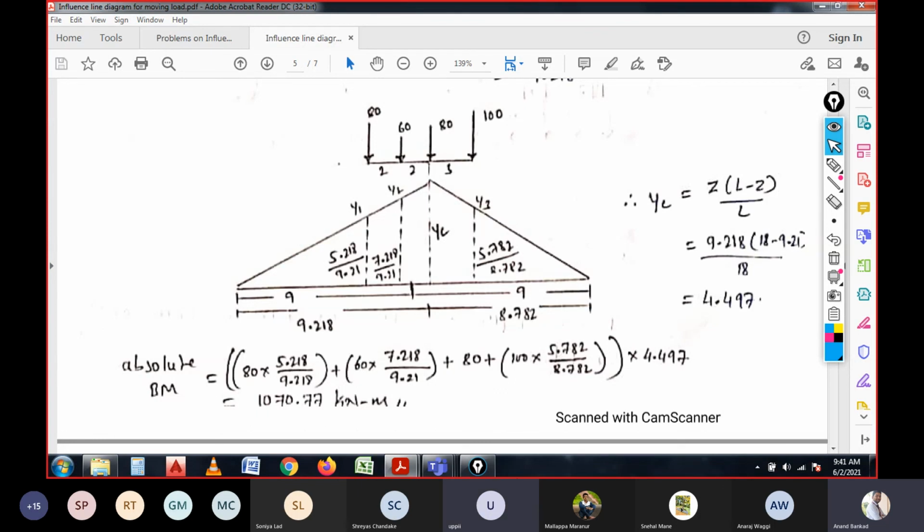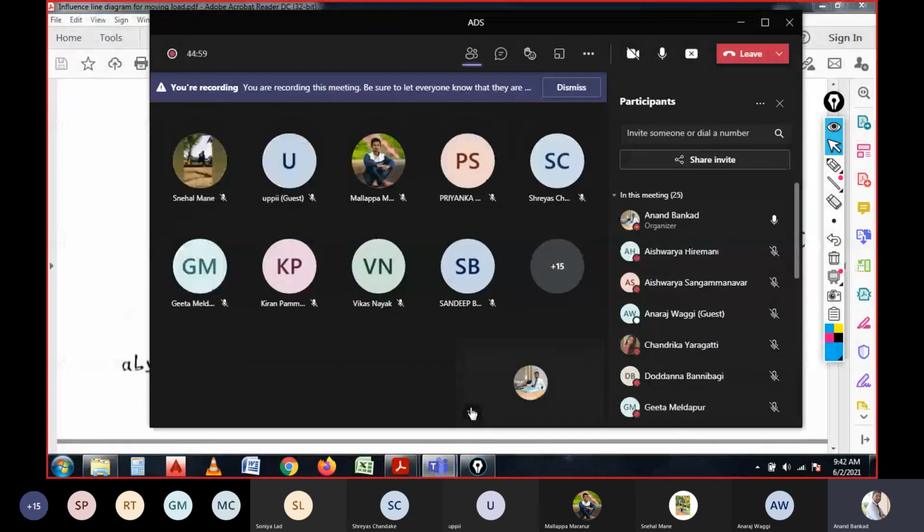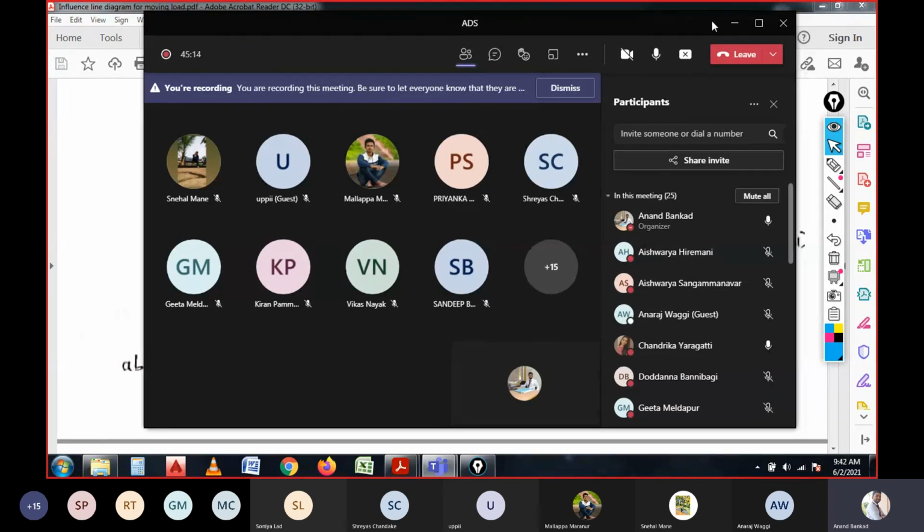And one more thing, Chandrika, are you listening? Some doubts have been asked by Chandrika, and at the same time, the solution is given. I don't know whether she solved it or not. Chandrika Ergatti. Yes, Chandrika, are you listening?